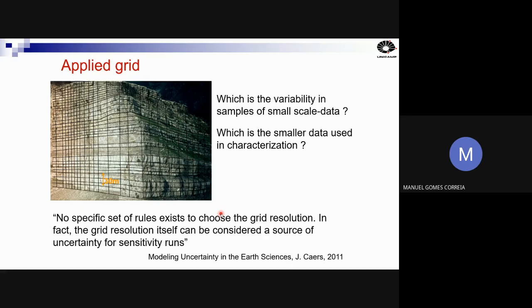First of all, we have a limitation in the grid block size. Even in the geological model, you have a minimum block size, so this is the first information that is lost, because it's impossible to have a very well-refined geological grid that represents the laboratory scale and even the well log scale.